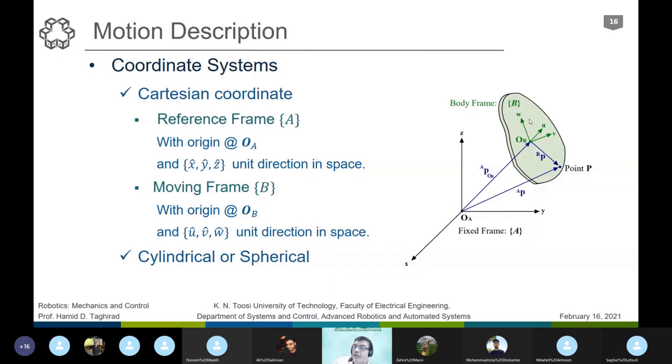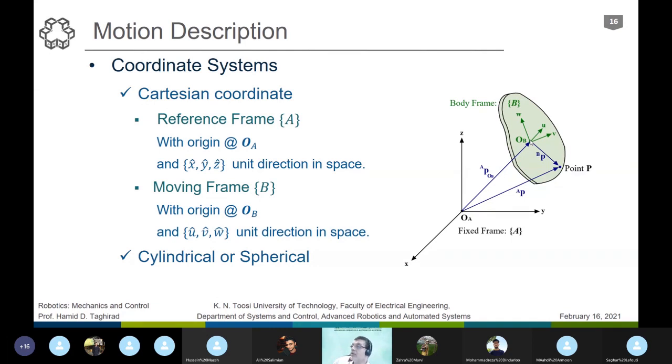Whatever this rigid body is, we consider it a rigid body, and we put another frame onto it to represent the motion. So instead of saying how this object is moving, we consider how this moving frame is moving.